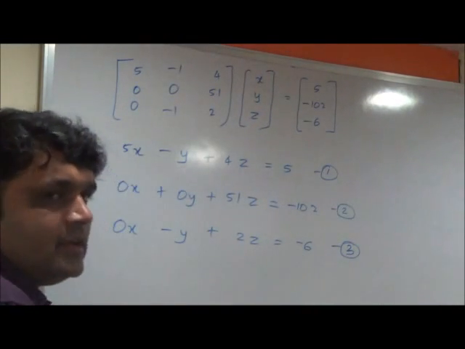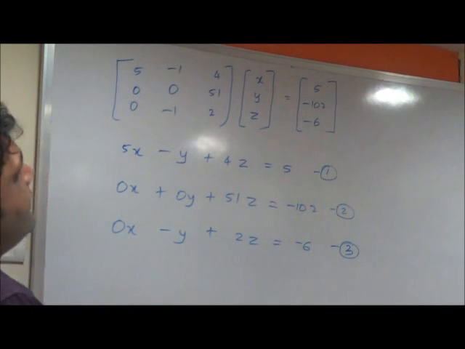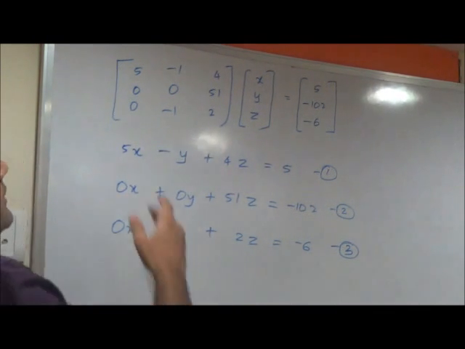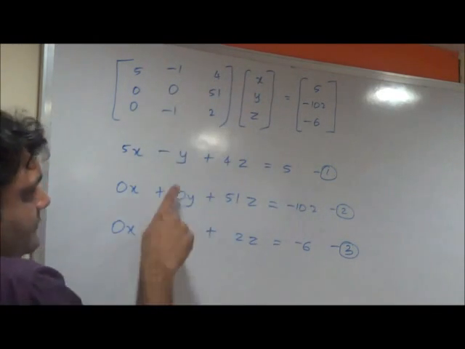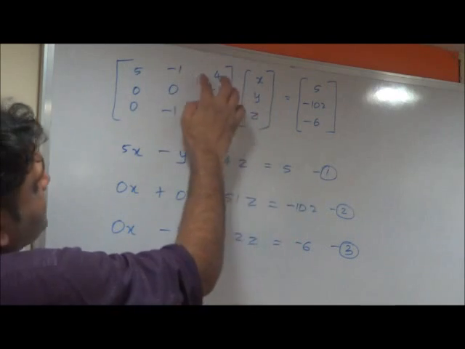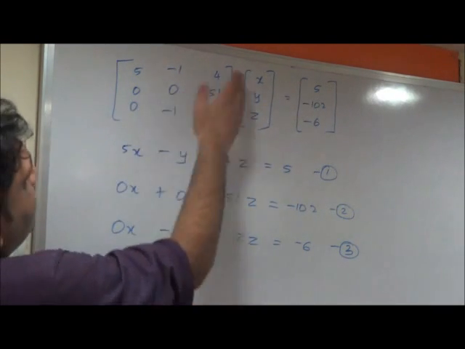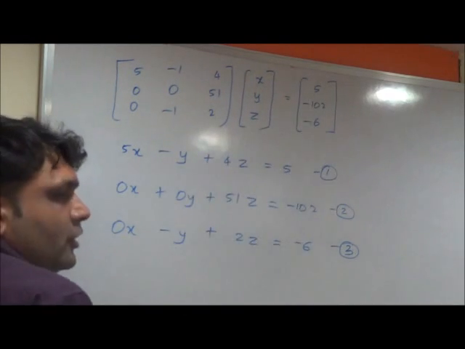Everybody, please give me your attention once again. I'll just explain. Please observe. This is the matrix that we are looking at. Here are 3 zeros that we have got in the reduction method. I'll expand by rows. 5x minus y plus 4z equal to 5. Next equation, 0x plus 0y plus 51z equal to minus 102.